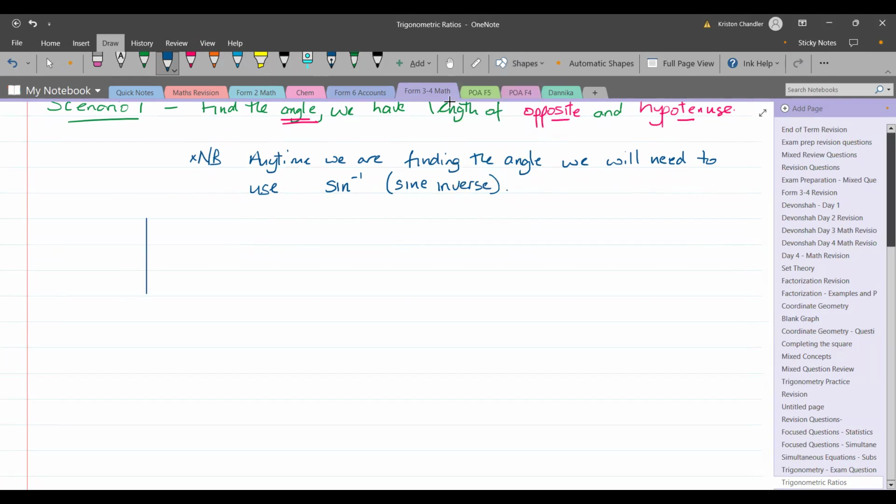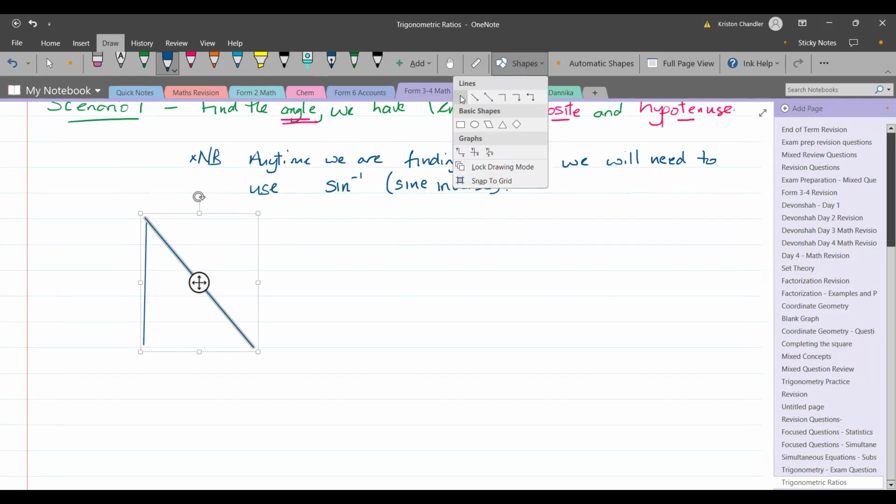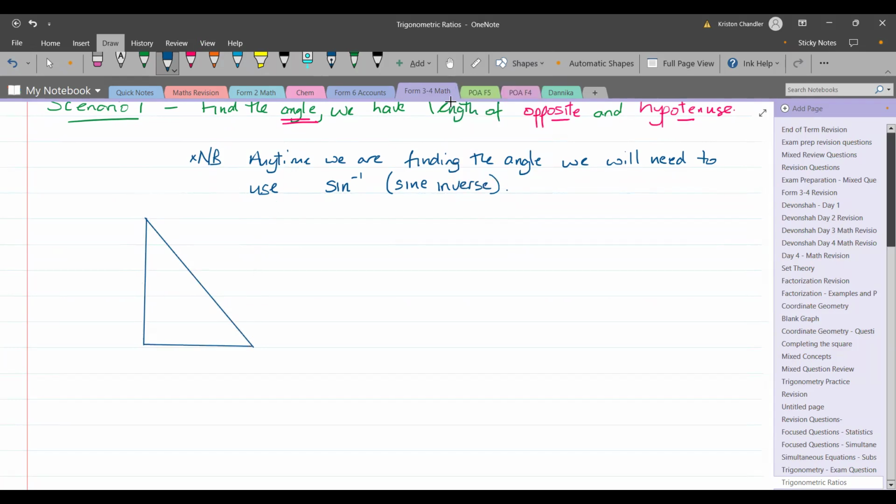So let's say we have a triangle. This is my triangle I'm going to draw here. Now remember, we are finding the acute angle in the right angle triangle. So this is my right angle triangle. Let's say I want to find this angle here. This is the triangle A, B, C, right? We have the length of the hypotenuse. Let's say the hypotenuse is 15 centimeters.